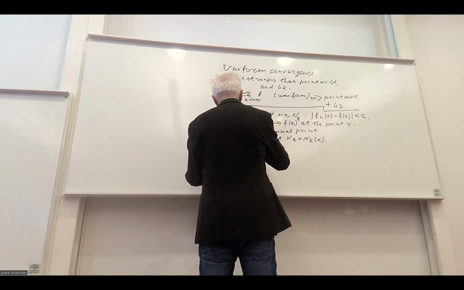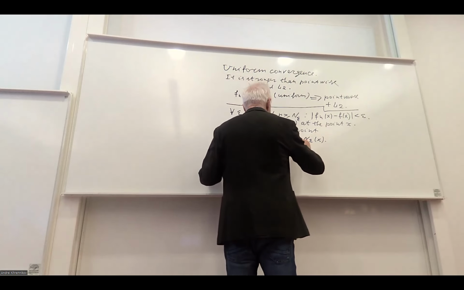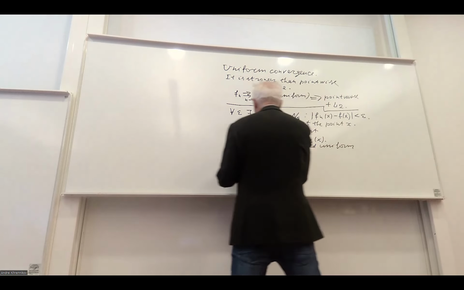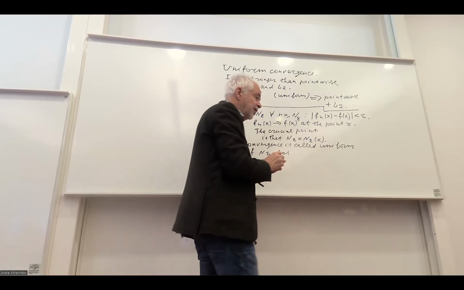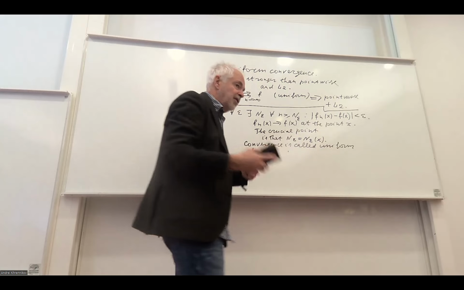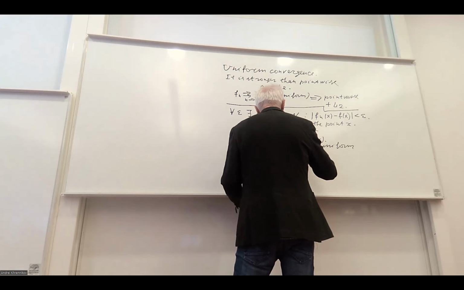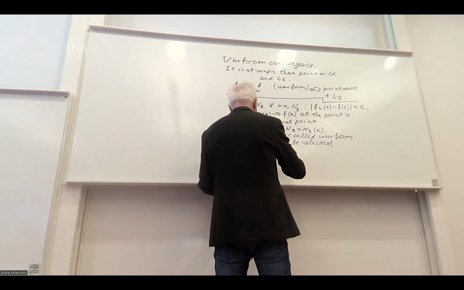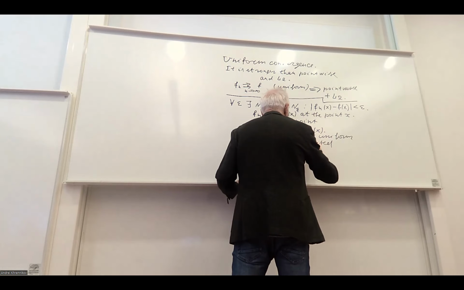So convergence is called uniform if N_epsilon can be selected independently of x, because N_epsilon is not uniquely defined. We can take it larger, smaller. It can be selected independently of x.